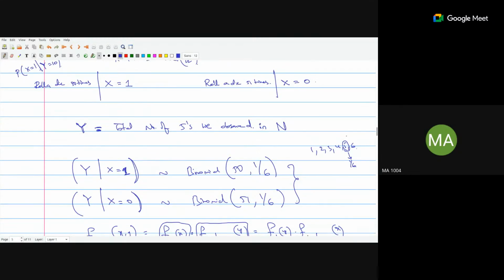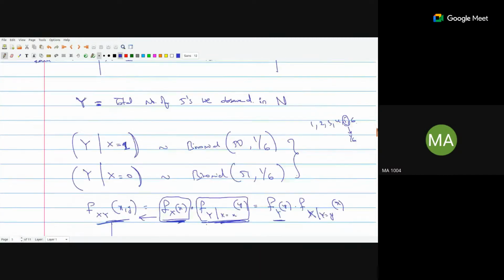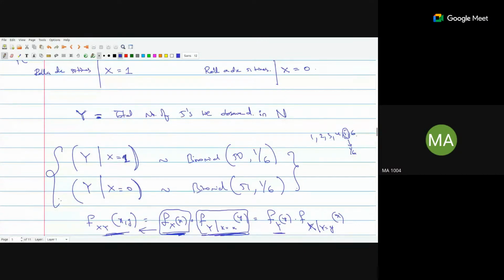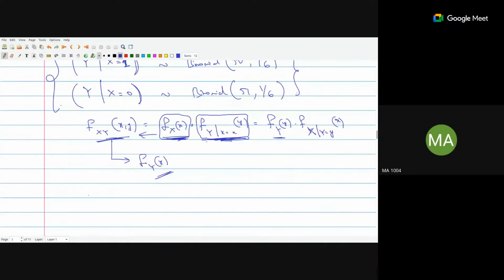Right now, the distributions I know are the x distribution, and the conditional distributions of y given x equals 1 and x equals 0. After knowing these things, I will put them here and compute the joint. So I can compute fxy of 0, 1, or simply the product itself is the joint.